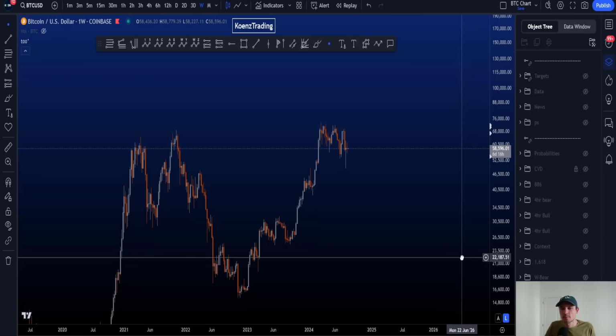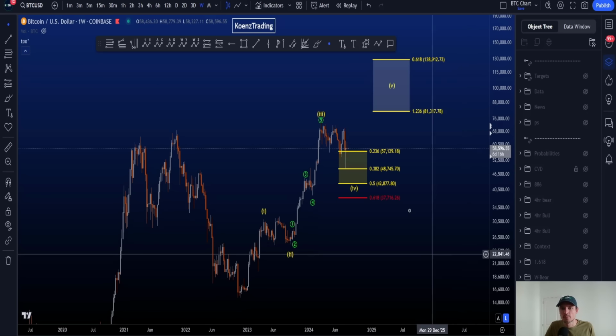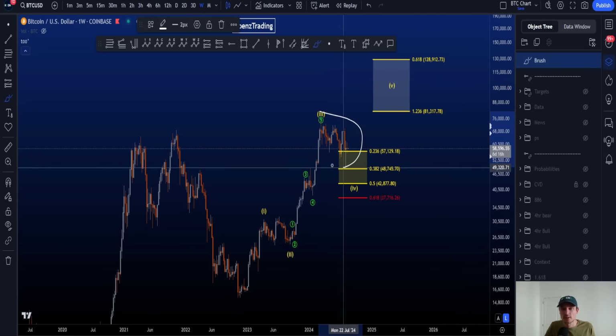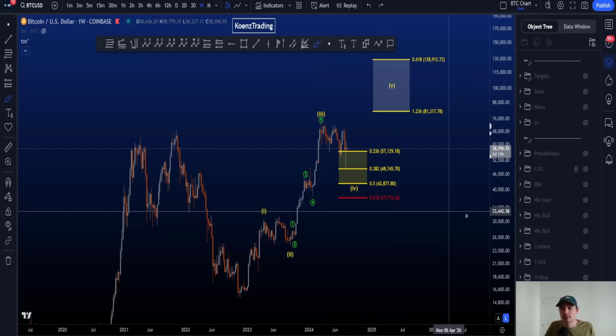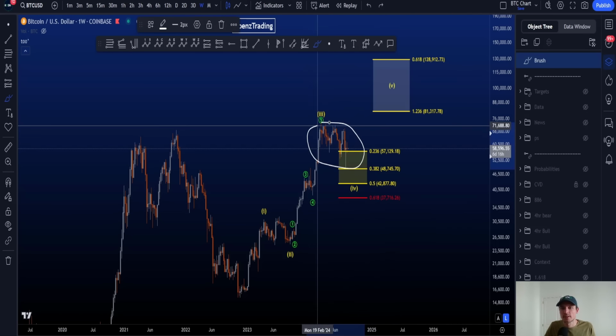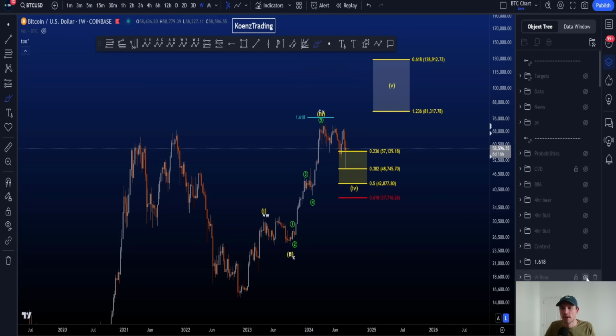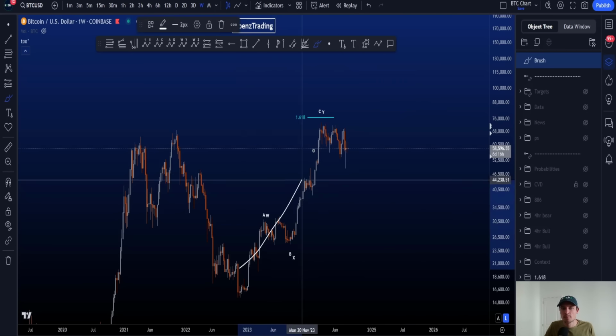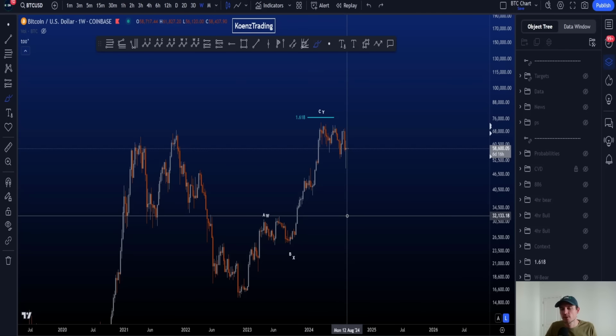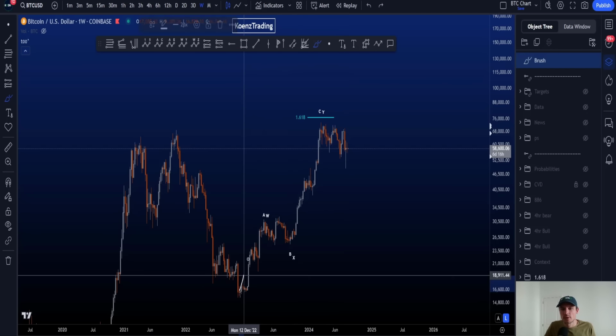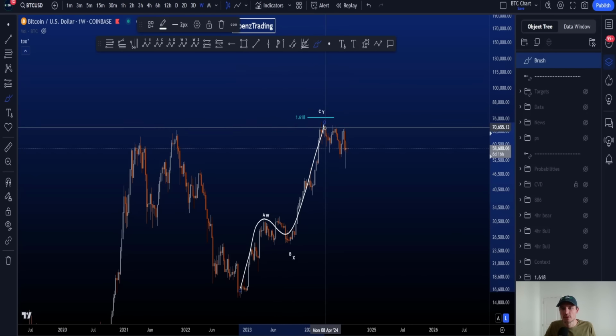Now the reason why the probabilities remain higher for the bulls is partly because of the local structure we have here towards the downside, which has a higher probability of being corrective, not impulsive. But also when we look at this move towards the upside here, if we do want to count this bearish, we have to count this as an ABC or WXY.